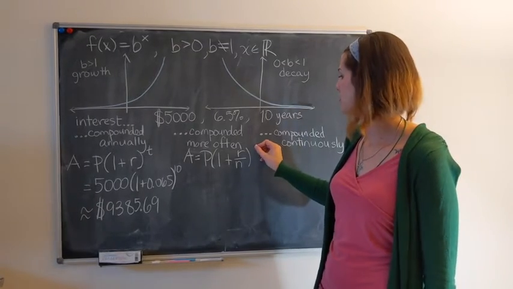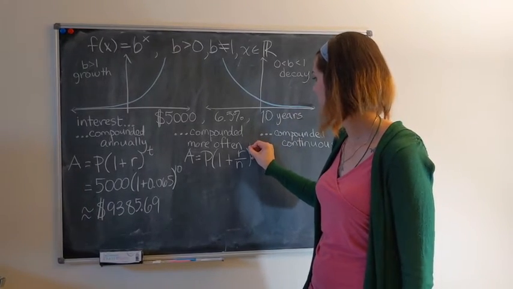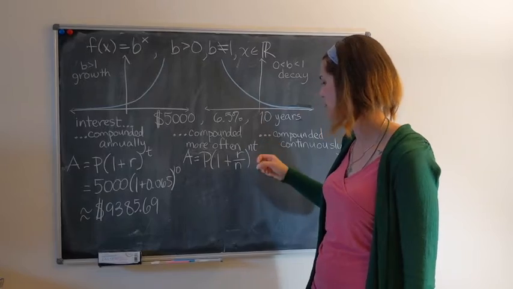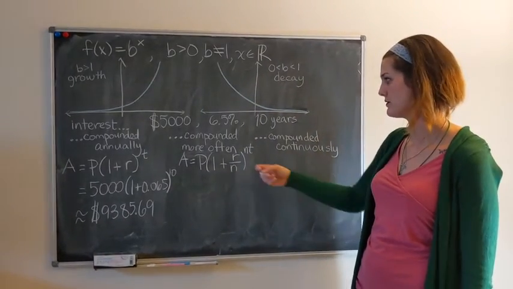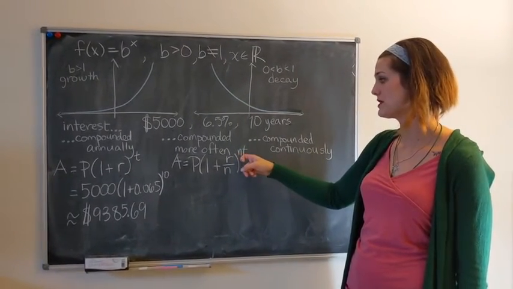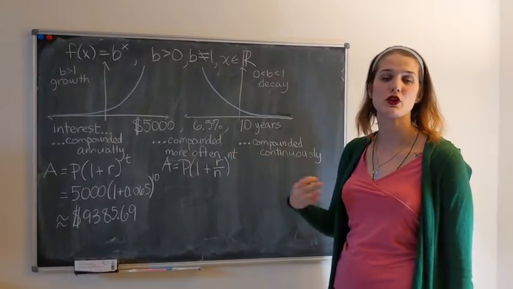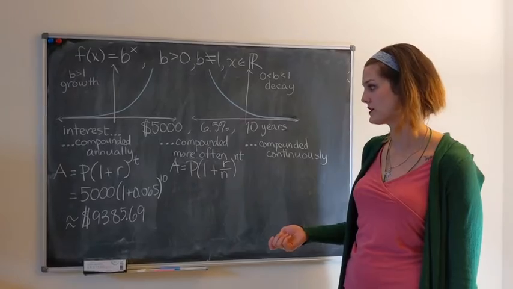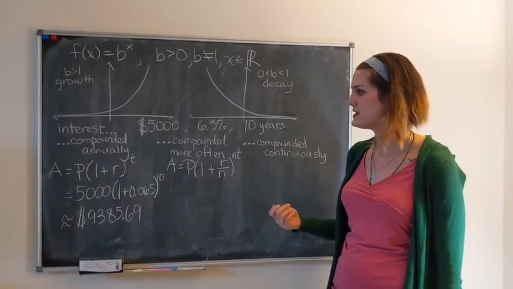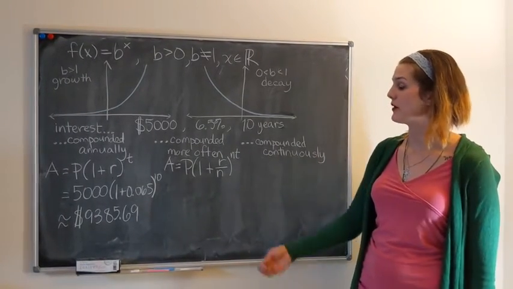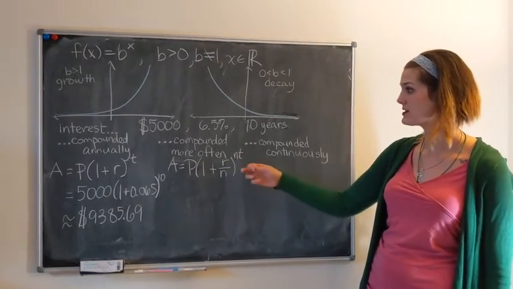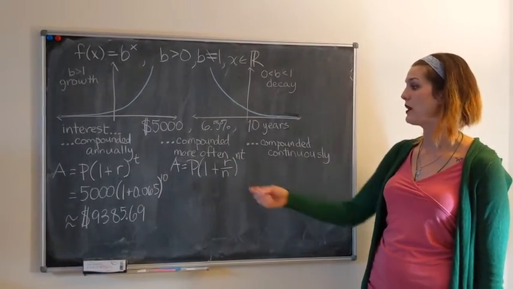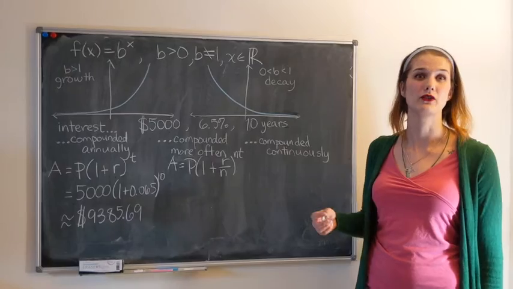And our power is changed to the time times the number of times per year that the interest is compounded. So the number of times per year times the number of years. So this exponent will be the total number of times the interest is actually evaluated and added onto the total of this loan. So see what this changes about the total amount owed after 10 years if we were to compound monthly. So n would be 12 times per year.